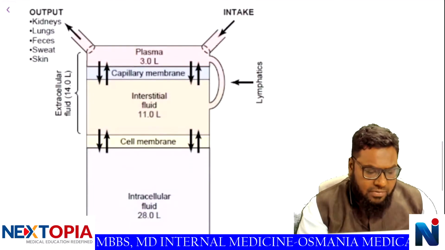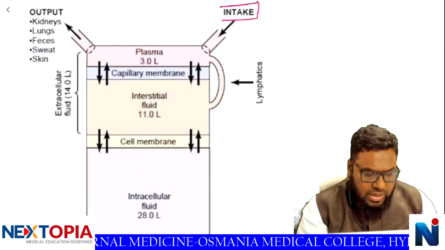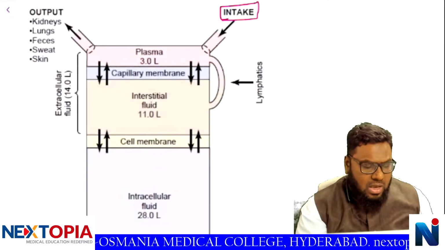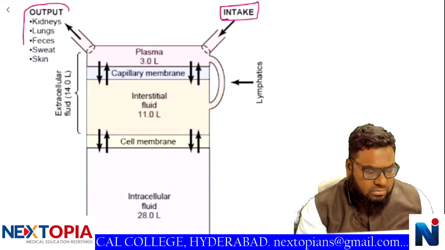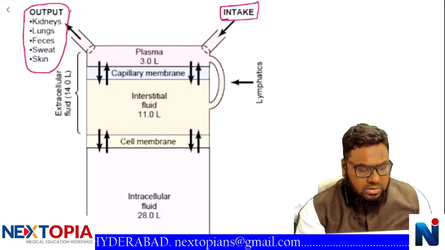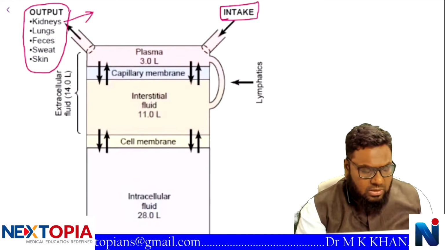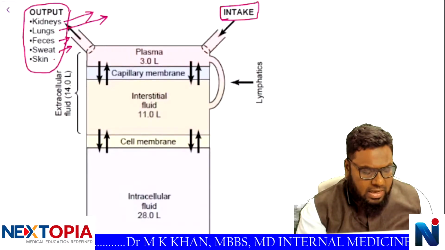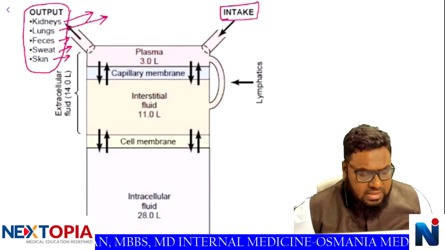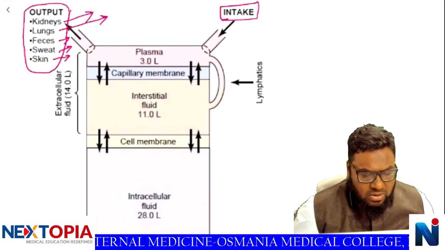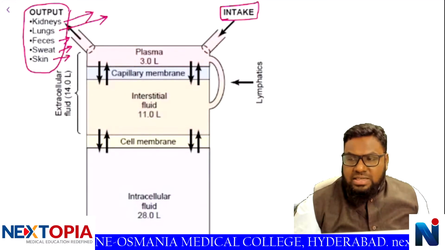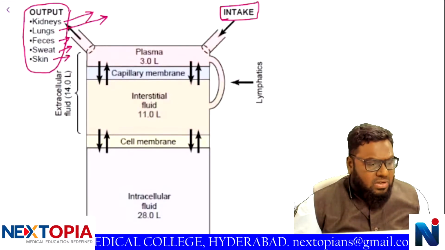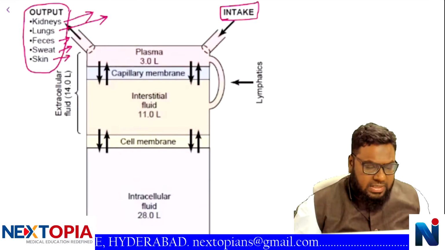See, whenever we have one intake, oral intake or whatever it is, then we have output. This is our output of water through kidneys, lungs, feces, sweat, and skin loss, which we call insensible water loss. Through kidneys, obviously, we excrete urine.